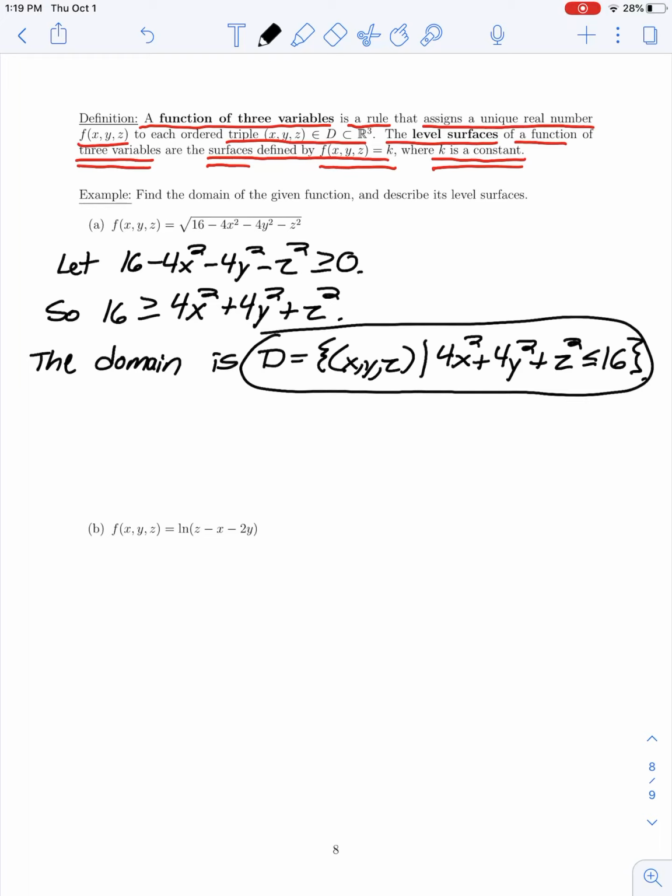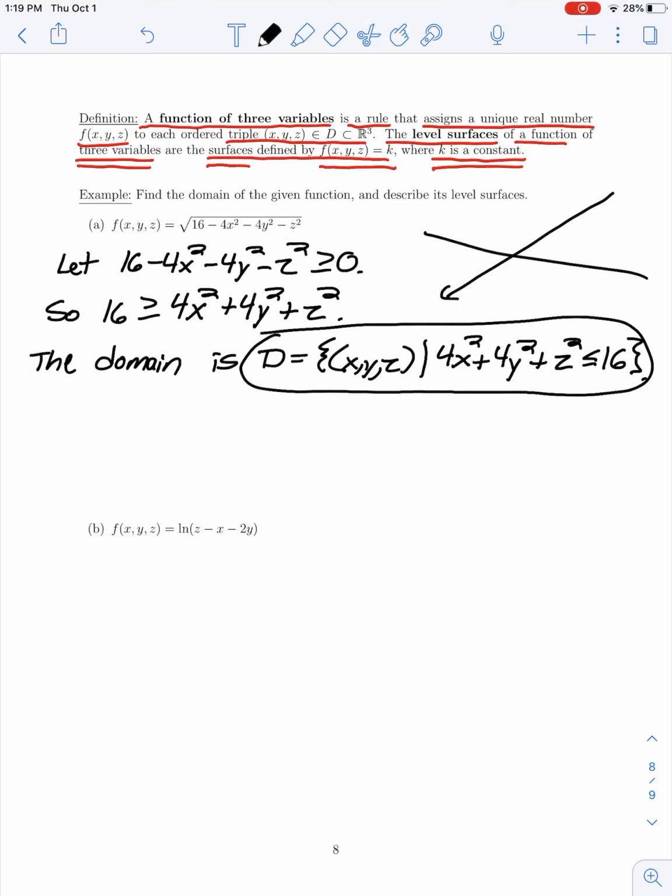Now geometrically, we can think about what this domain looks like in space. We recognize the equation 4x squared plus 4y squared plus z squared equals 16 as representing an ellipsoid in space.